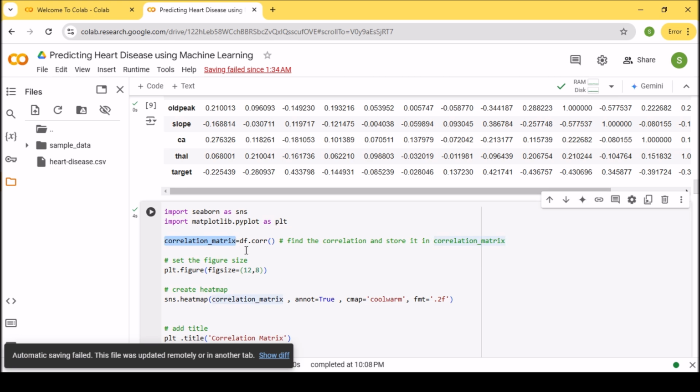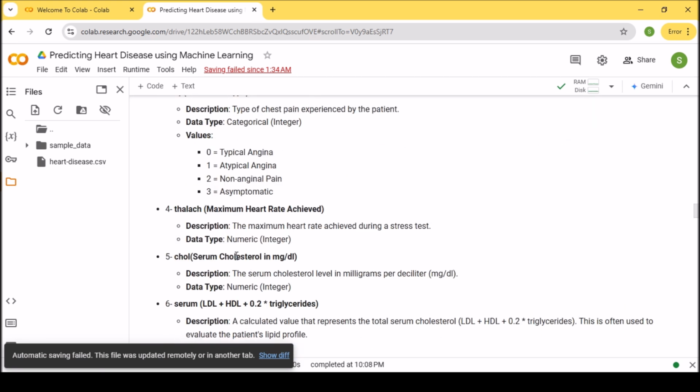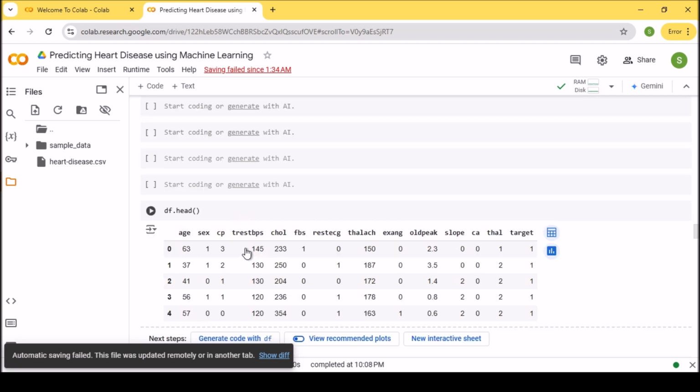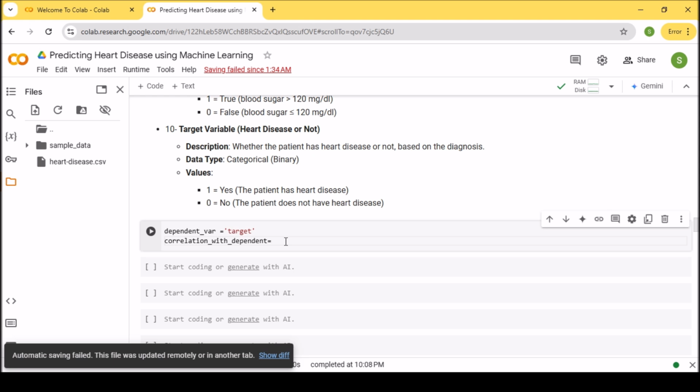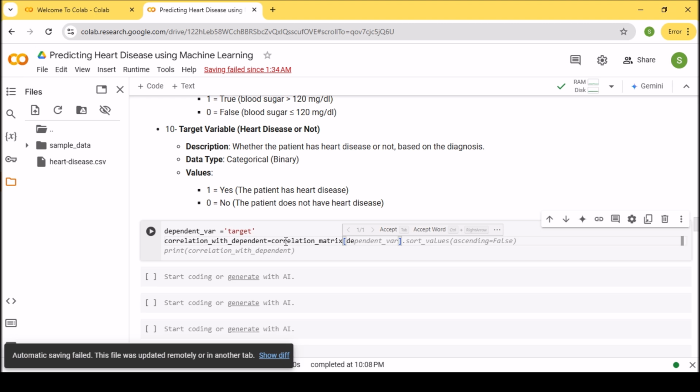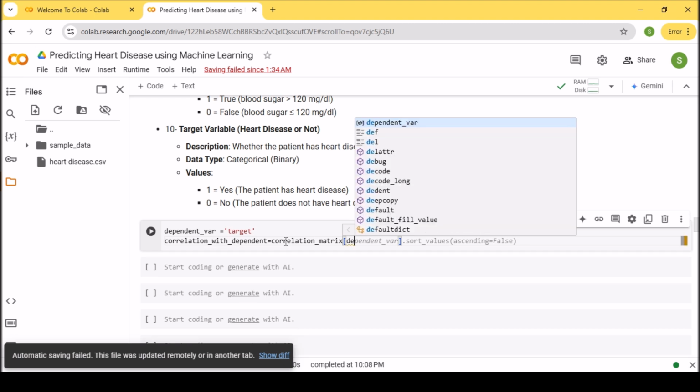We're going to use it, but we'll do some sorting on top of it. So the correlation matrix takes the dependent variable or the target variable.